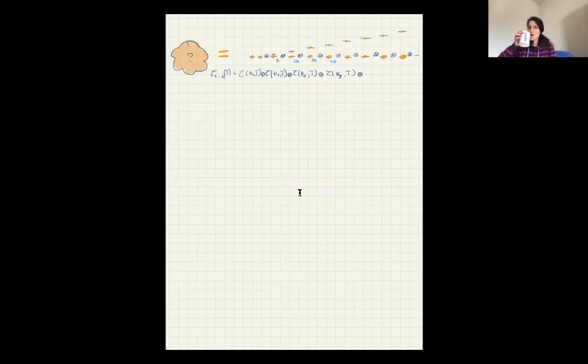Good, so let's try to make this a little bit more precise now. I don't even need the first qubit in this case, but let's just write it anyway. We don't lose anything.